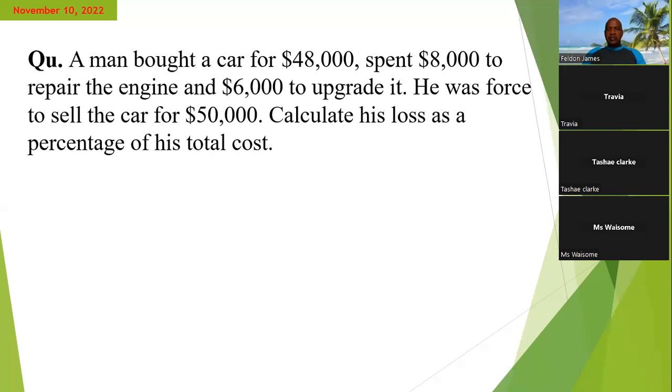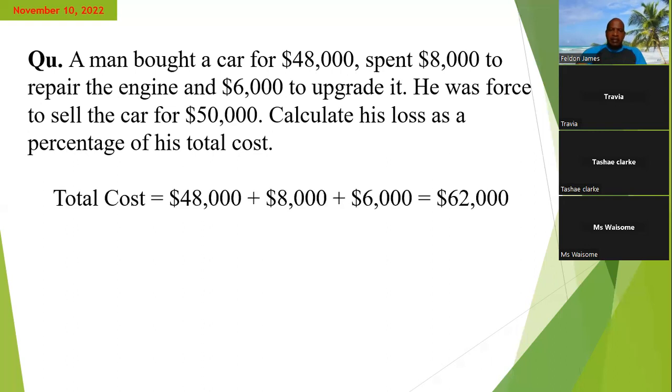Yes, sir. All right, so with that said, what it costs her would be the sum of all that she spent in terms of putting the car together after he purchased it, all right? So clearly it cost him 62,000, which is way more than what he sells it for.